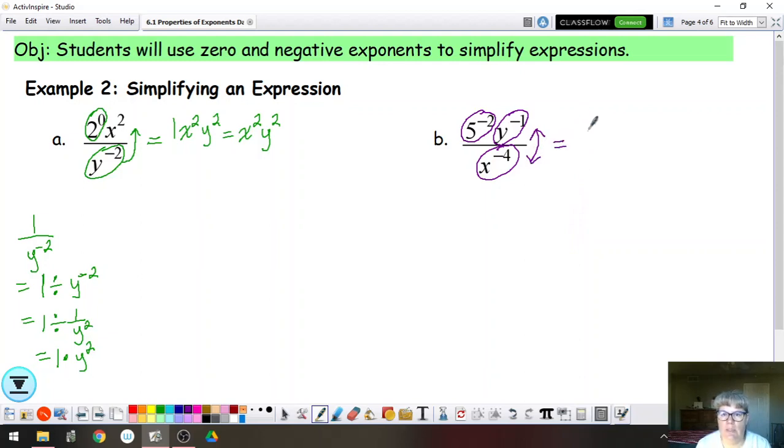So this is going to equal x to the positive 4 over 5 squared over y to the first. Now, you wouldn't normally write something as y to the first, and when you have variables involved, you don't usually keep it as 5 squared. So to make this look prettier, is the word I like to say when we're writing mathematics, we have x to the 4th over 25y.